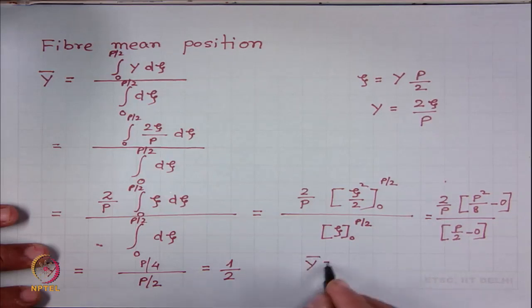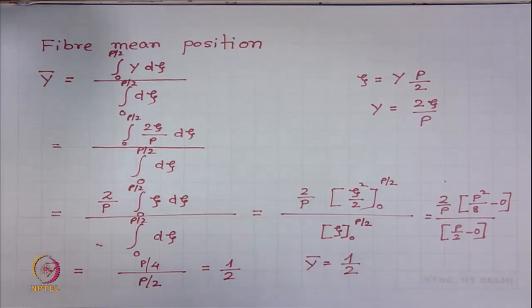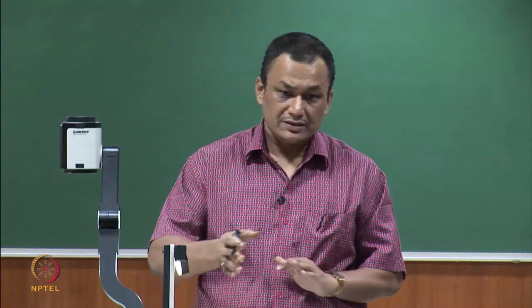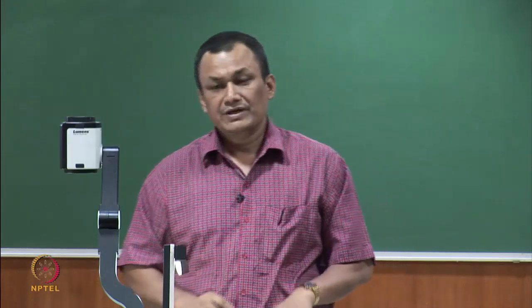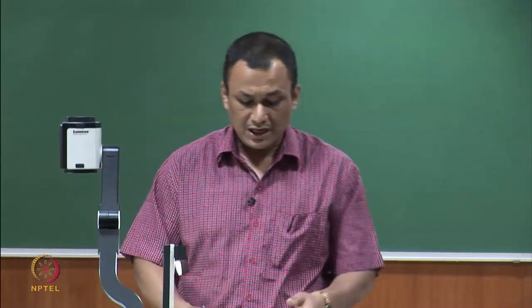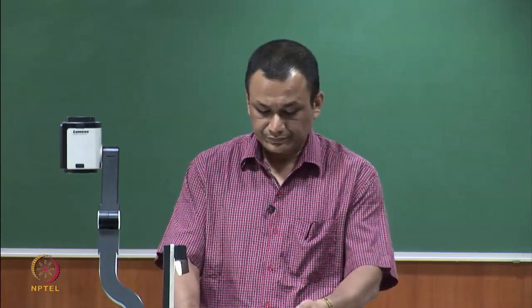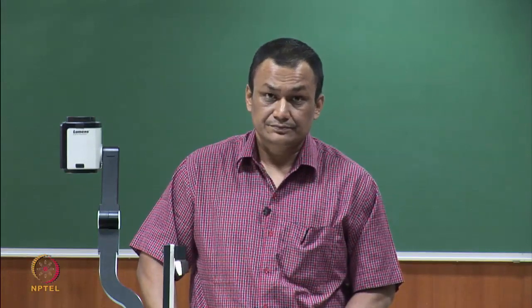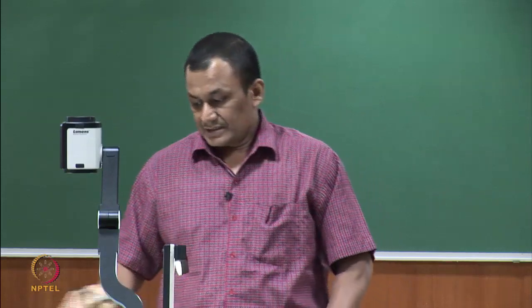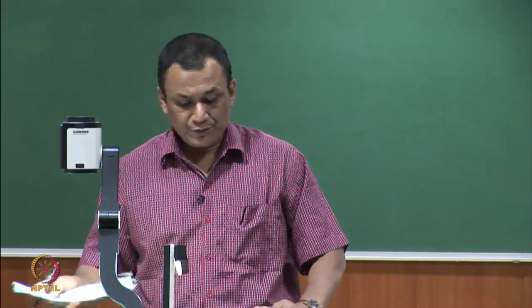Y bar is equal to half. Mean fiber position is half. As it is a symmetric migration, there is an ideal fiber path, regular fiber path. So, mean fiber position is equal to half in Taylor's model, ideal migration. Second characteristics is amplitude of migration.